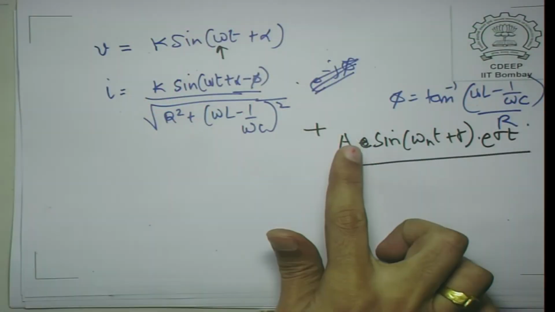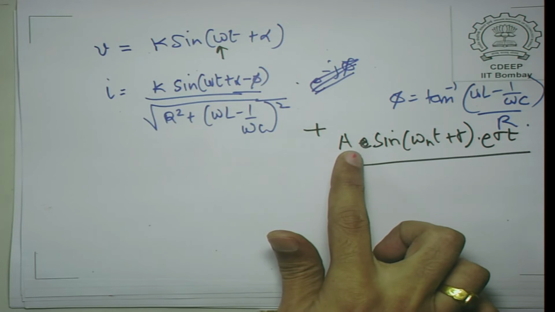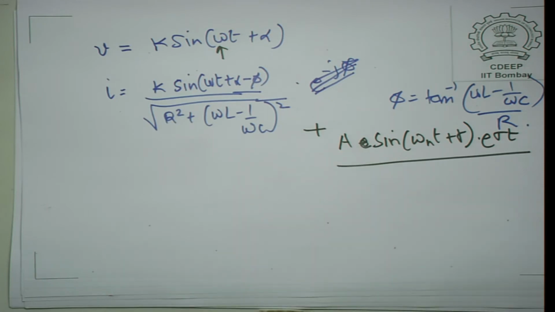In this case, you could, for example, have a set of initial conditions on Vc and also tune the instant of switching both. If you do them both, you can actually get a situation where A becomes equal to 0. In that case, you will directly go into sinusoidal steady state.